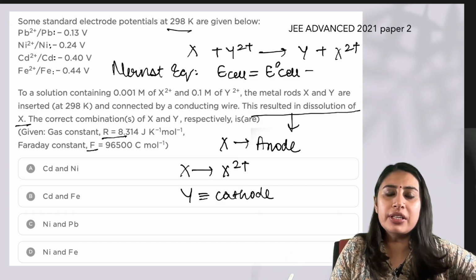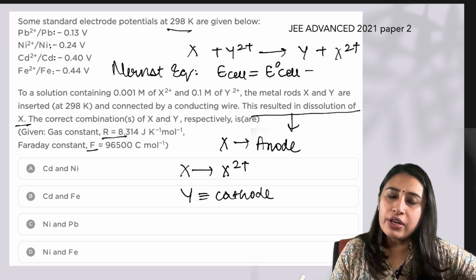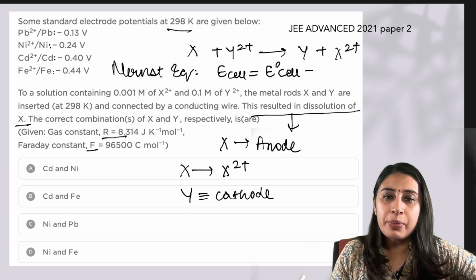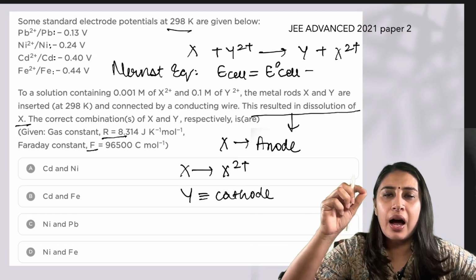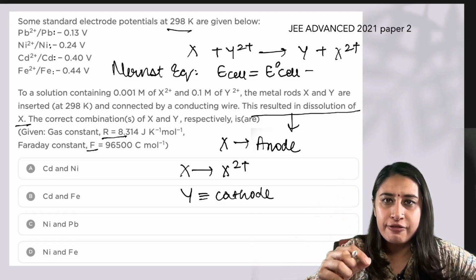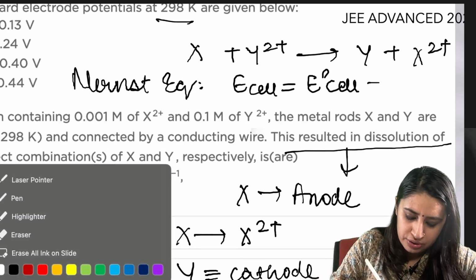When the temperature is 298 Kelvin, Faraday's constant is 96500 coulomb per mole, and the gas constant is 8.314 joule per kelvin per mole, you can directly use 0.059 for RT by F, and the n factor remains as it is.